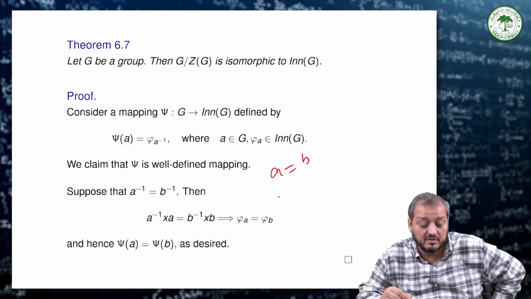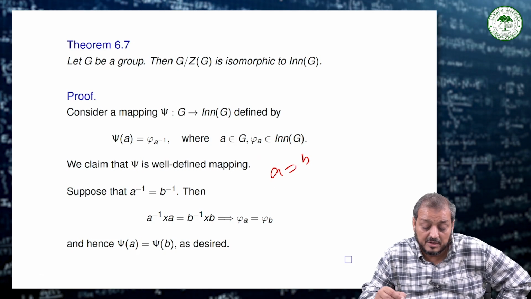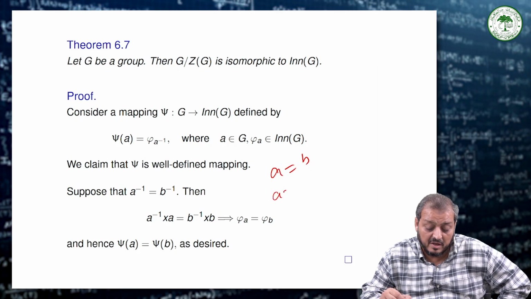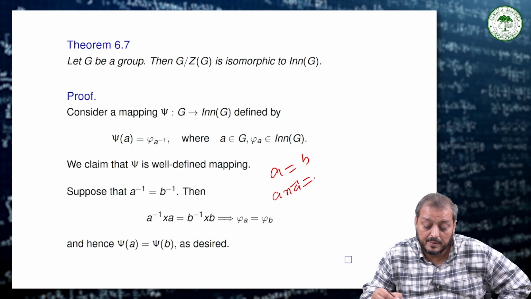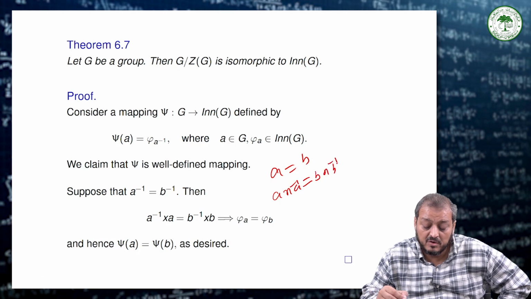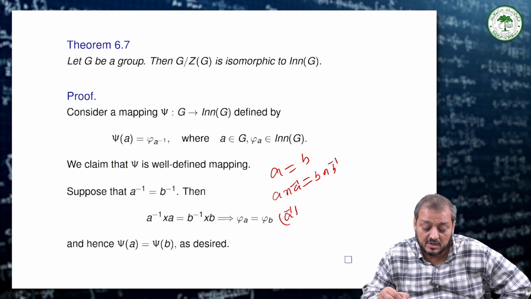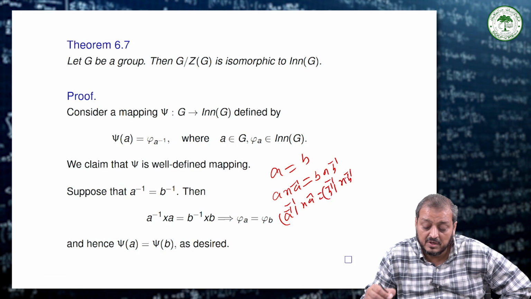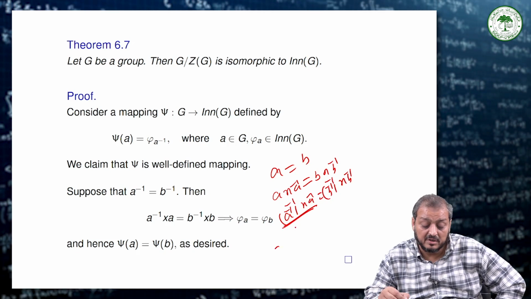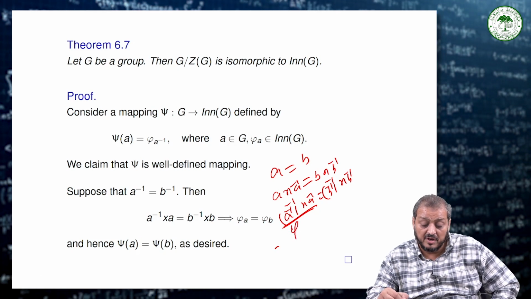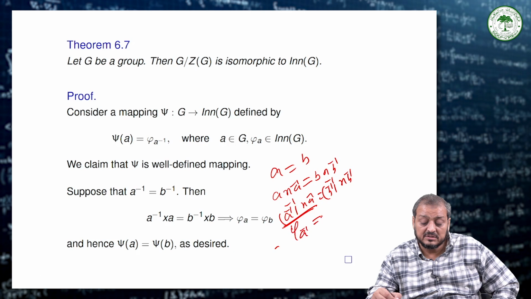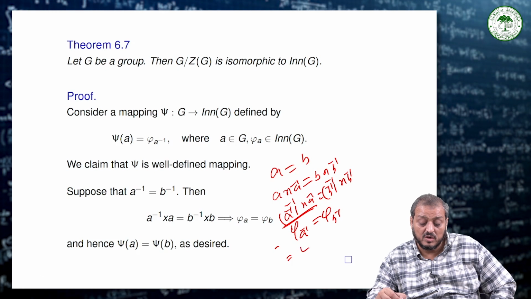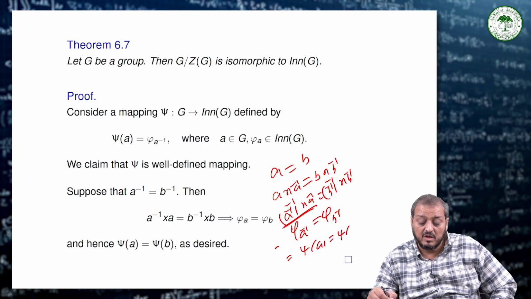If a is equal to b, then this can be written as a x a inverse is equal to b x b inverse, and this can be written as a inverse to inverse x a inverse, which is (a b inverse) to inverse x b inverse. Then this is equal to phi of a inverse, which is phi of a b inverse, and phi of a inverse is nothing but psi of a, and this is equal to psi of b.